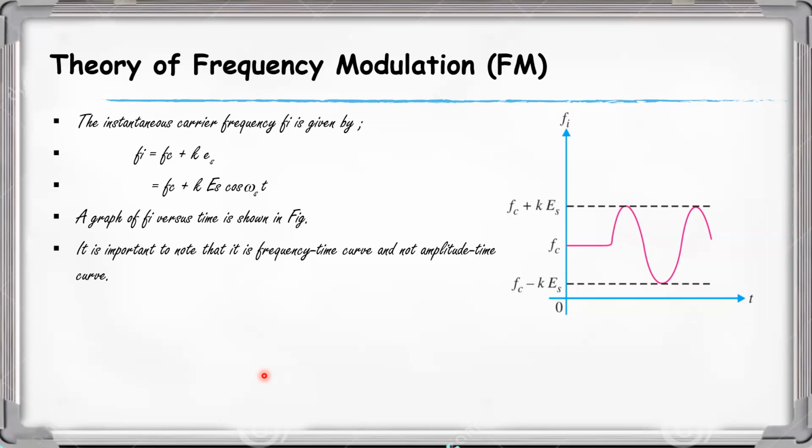Then the frequency increases and becomes a maximum value, then it reduces to a minimum value, then this cycle goes on.